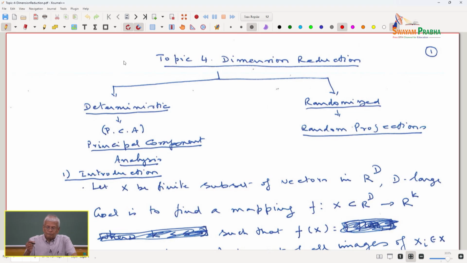So, in summary, dimension reduction can be obtained using deterministic method, using randomized ideas. Deterministic methods based on PCA, this is a random projection. I am going to concentrate on the method of random projection in today's class.